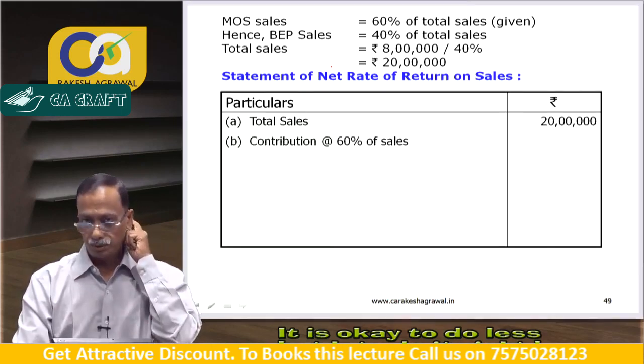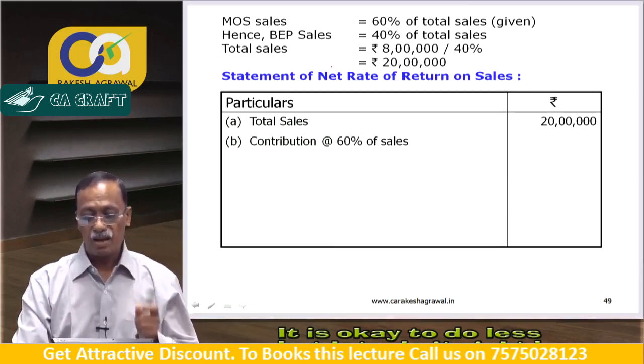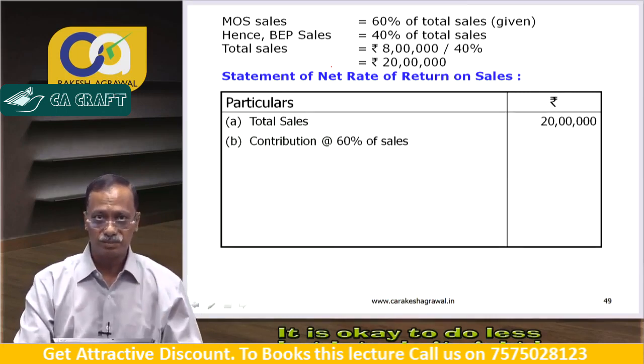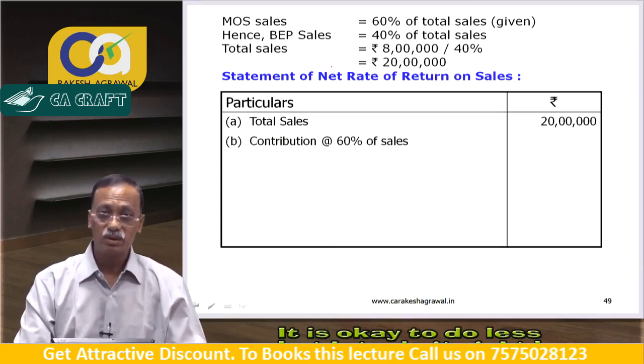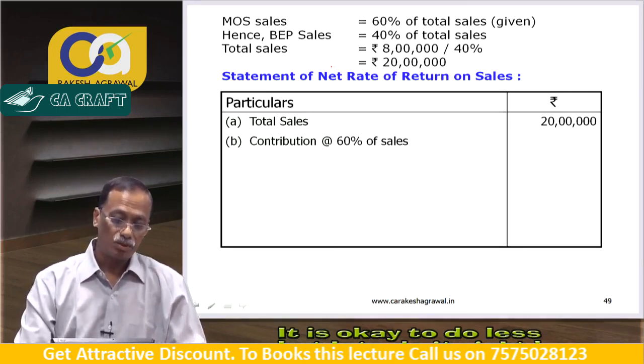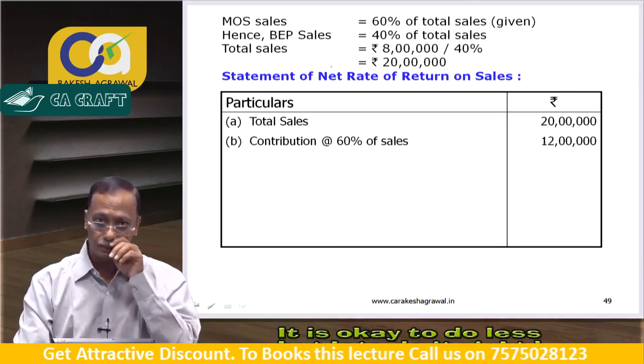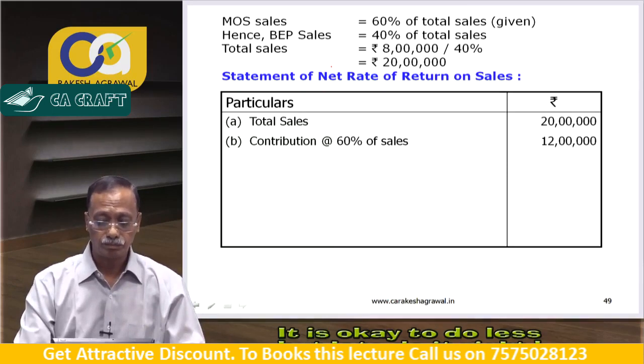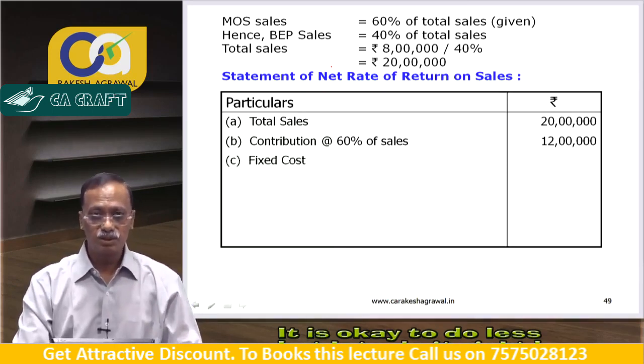B, contribution. Point number B, contribution at the rate of 60% of sales. Your PV ratio was 60%. So contribution at the rate of 60% of sales, that is 60% of 20 lakhs is 12 lakhs. C, fixed cost.